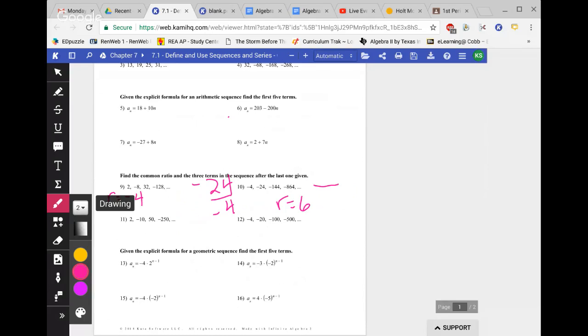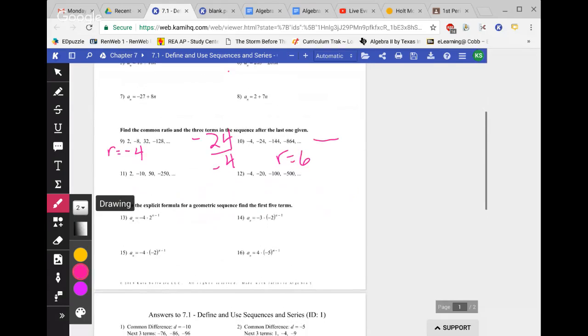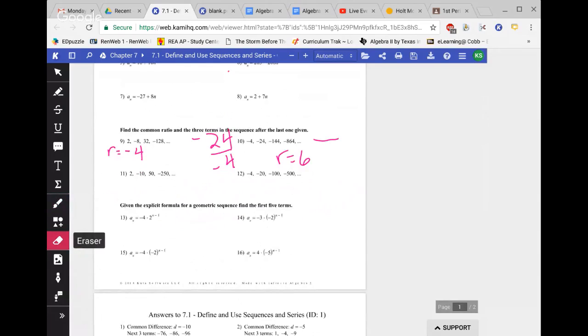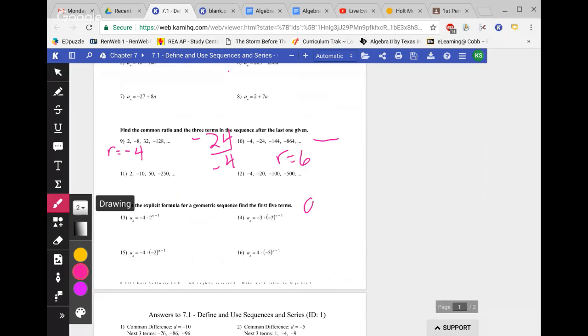Mm-hmm. Okay. All right. So now for number 13, just like with finding the next few or giving the explicit formula, find the first 5 terms. Basically, what you're going to do is plug in. A sub n, once again, is just an indicator for some number within the sequence.